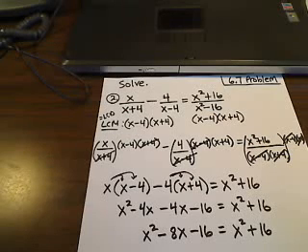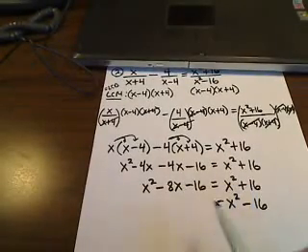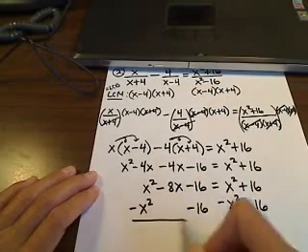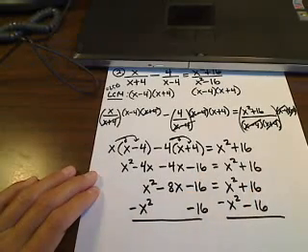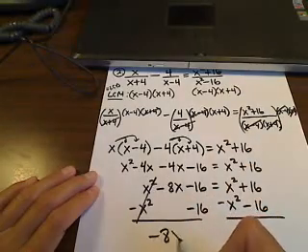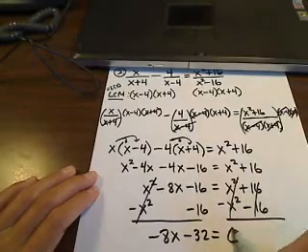Now this is a quadratic, so I want to set it to 0. Okay, so I'm going to take this x squared and this 16 and subtract them, and take them to the other side. All right, so we end up getting negative 8x minus 32 equaling 0.